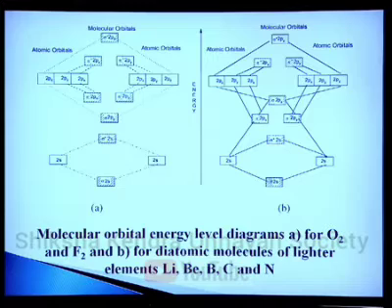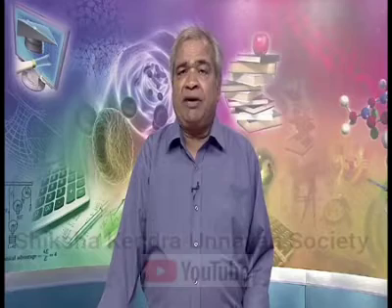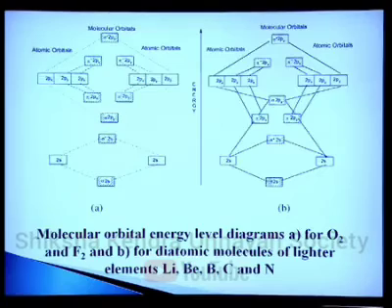We have to fill up, you can leave sigma 1s, sigma 2s anti-bonding, then sigma 2pz, then pi 2px equal to pi 2py, then again pi star 2px equal to pi star 2py, then sigma star 2pz. You can fill up this. In the case of oxygen, it has 2 unpaired electrons. Therefore, oxygen molecule is paramagnetic, whereas fluorine molecule is diamagnetic in nature.